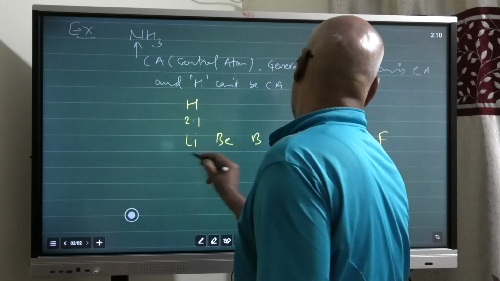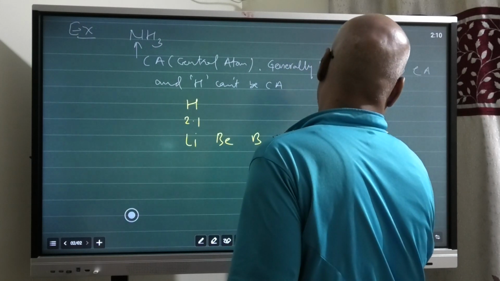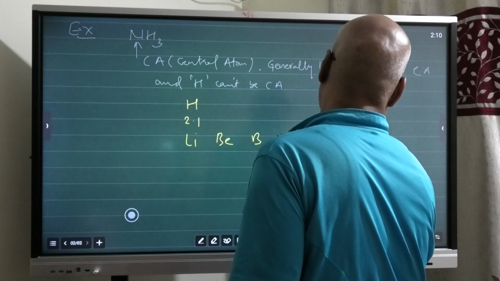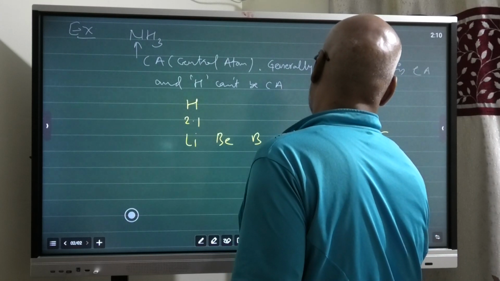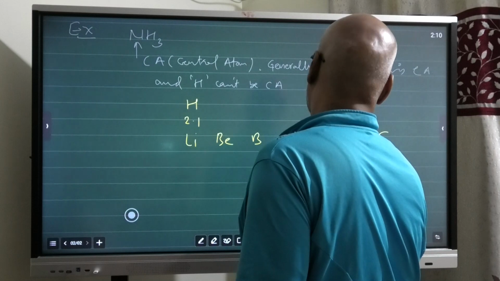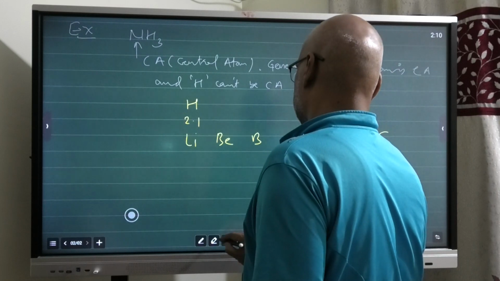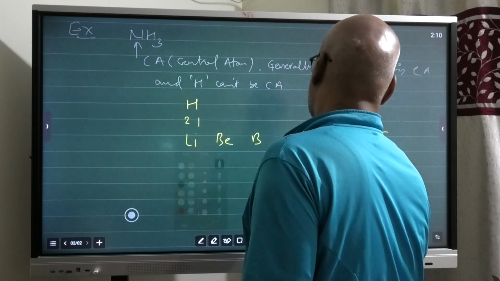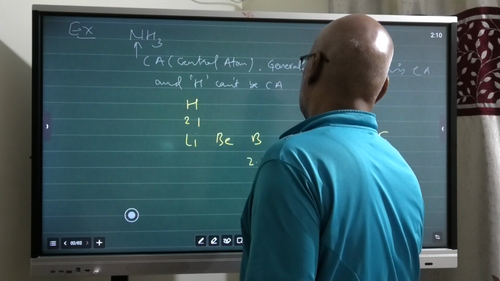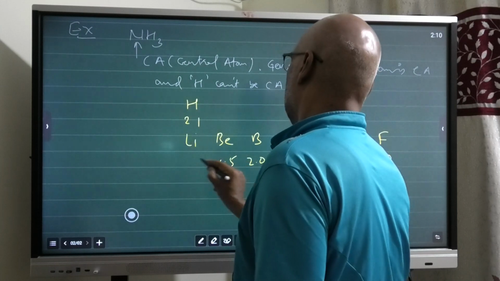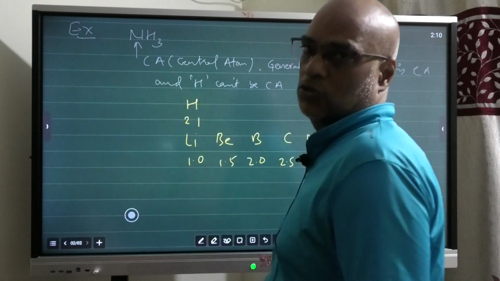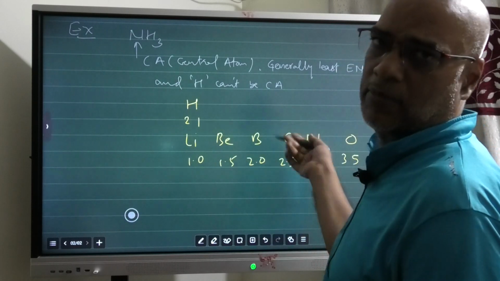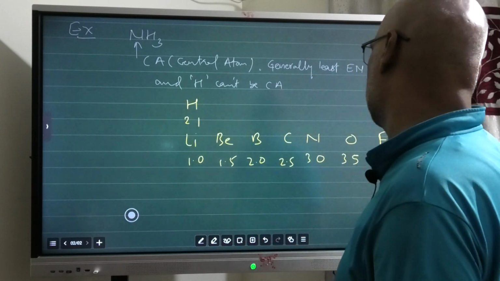The second period values are very simple to remember: start from 1 and increment by 0.5 each time, up to 4.